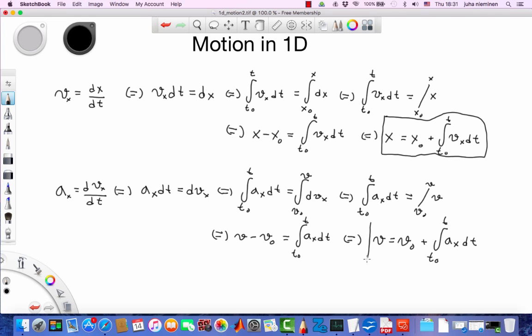So now we have an expression for the velocity if we know the acceleration at any given time and we have some initial velocity.